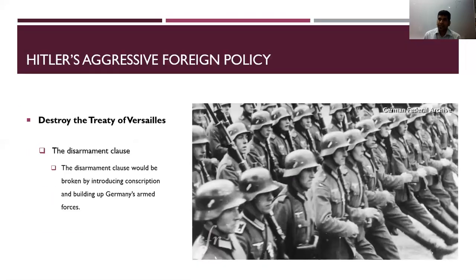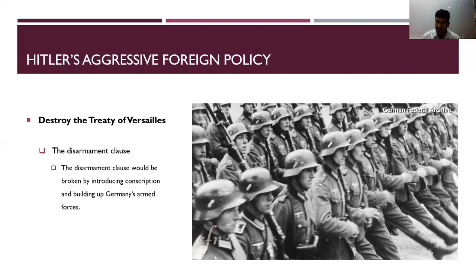Okay. Now, let's talk about the first part, the disarmament clause. Under the Treaty of Versailles, as I mentioned, Germany was forced to disarm. But if you look at the picture, you can see these German soldiers in full uniform. You'll notice the uniform, the helmet, and even the rifles.